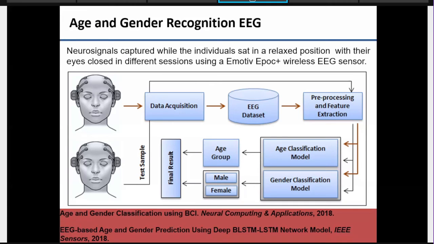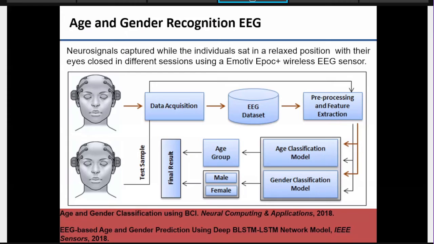Now I'm showing you several applications of how this kind of machine learning paradigm can be used for EEG based diagnosis. The first application: given some EEG data, can I use EEG for a person's age or gender prediction?